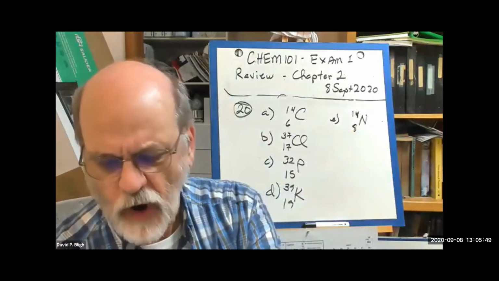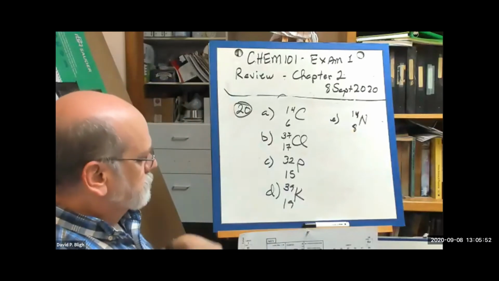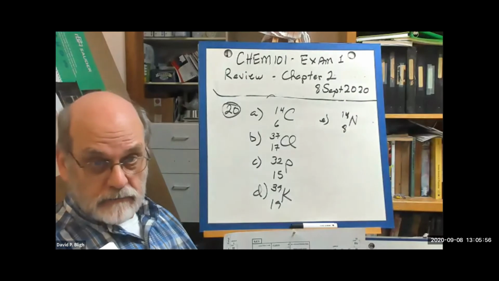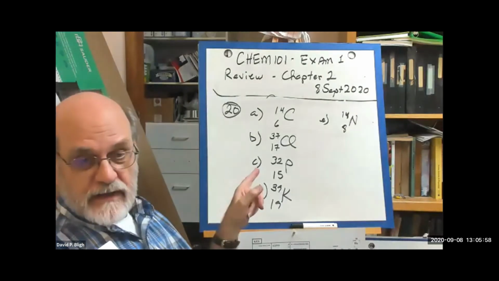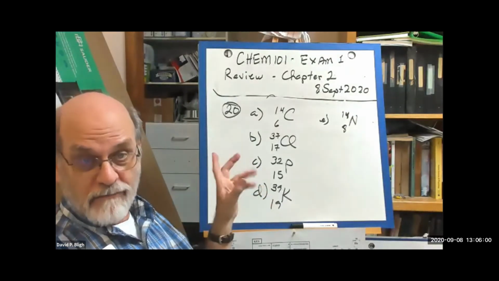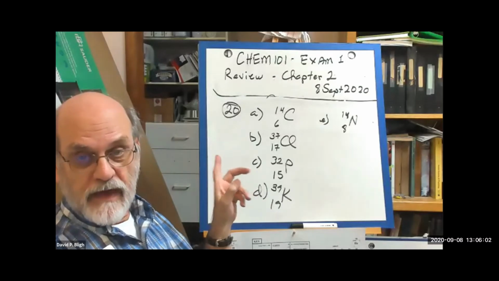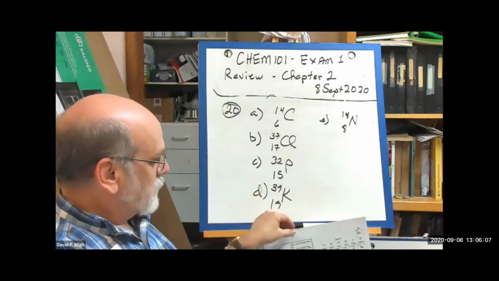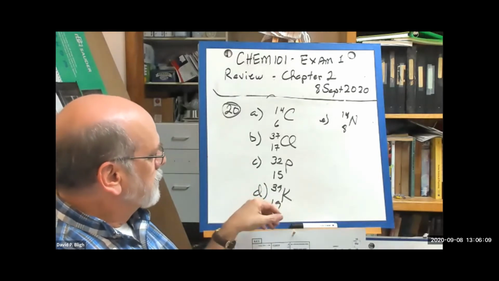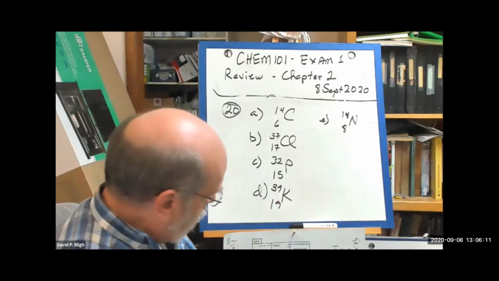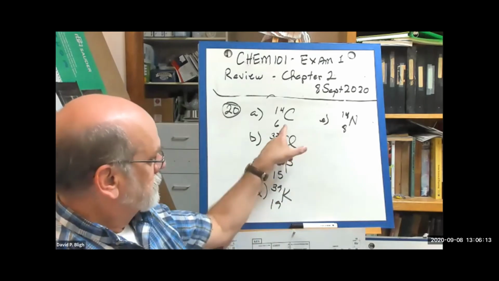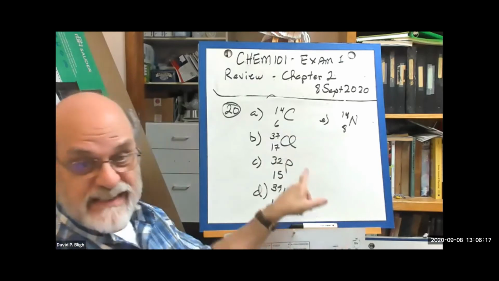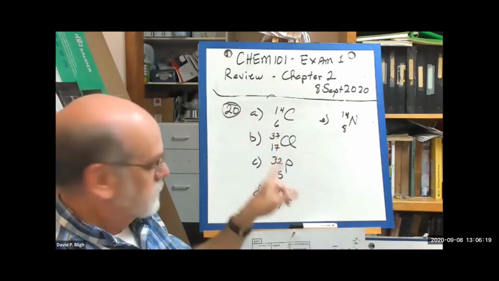So where would you start with this problem? I would see if the atomic number and the symbol match up. So that means you need your periodic table, right? The periodic table says that carbon should have 6 protons. That's true. Chlorine should have 17. That's true.